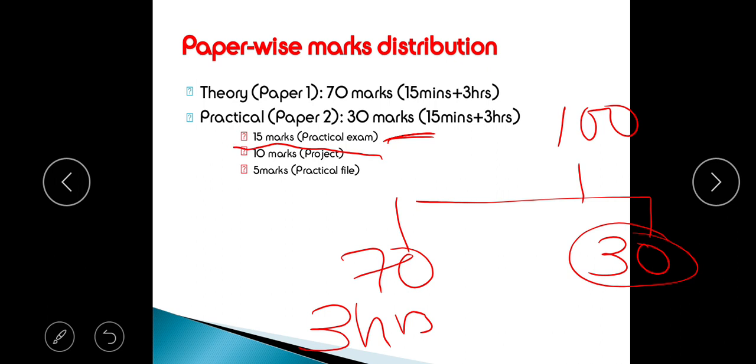The 10 marks project and practical files will be submitted along with this practical examination. These three things will be evaluated by an external examiner, so it becomes quite important and very scoring also.